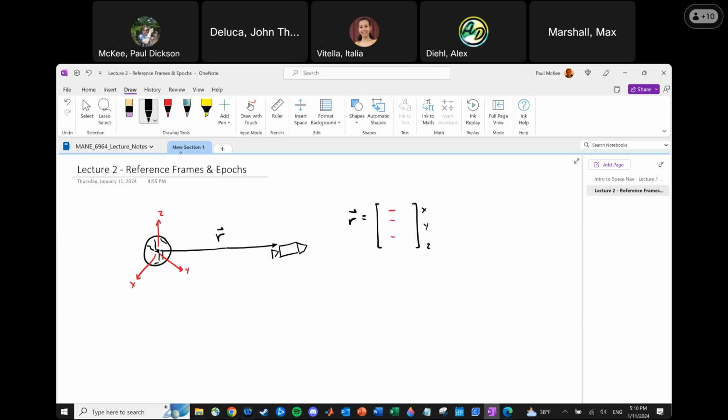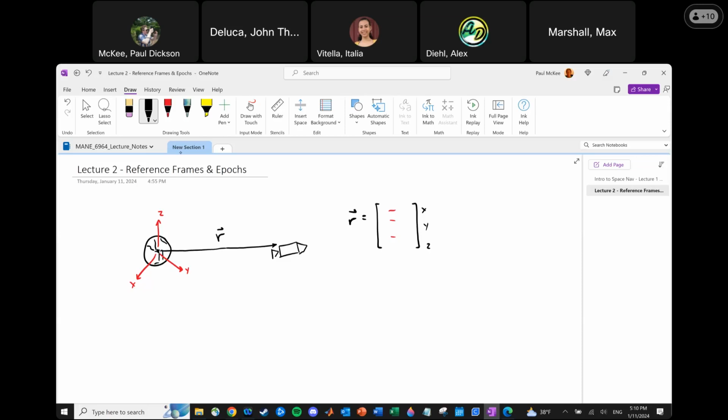We actually don't need to pick the y-axis. We can let that be defined by the other two, because in a right-handed system, x cross y is z, z cross x is y, and y cross z is x. So there's really only two directions we need to pick, but it can be pretty tricky to decide what you want those directions to be.